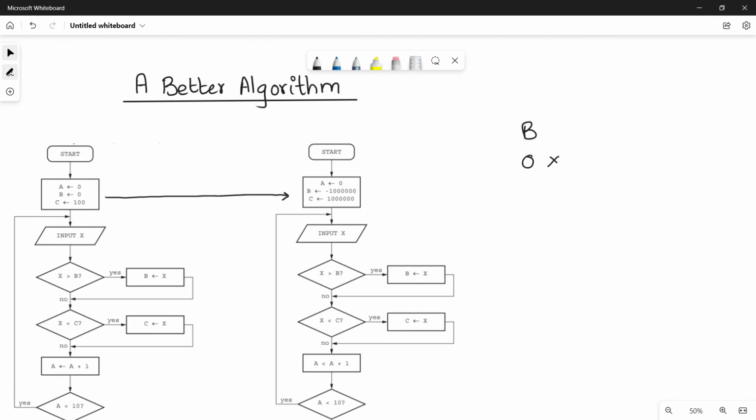Instead of 0, you are initializing variable b with a very negative value, minus 1,000,000. So if the highest value to be identified is greater than minus 1,000,000, then the pseudocode is definitely going to identify that value in your test data.